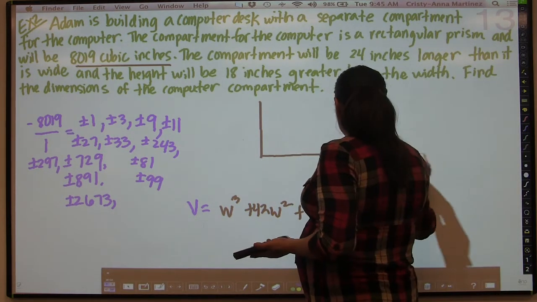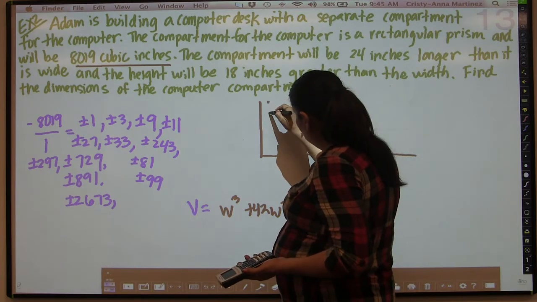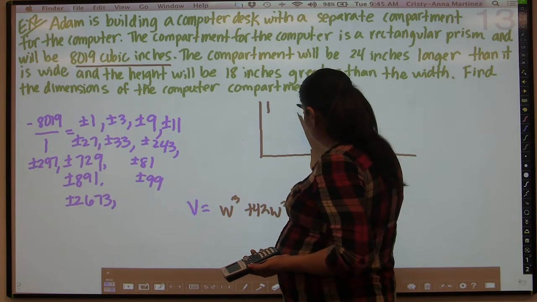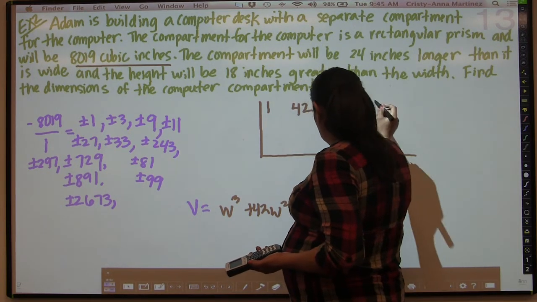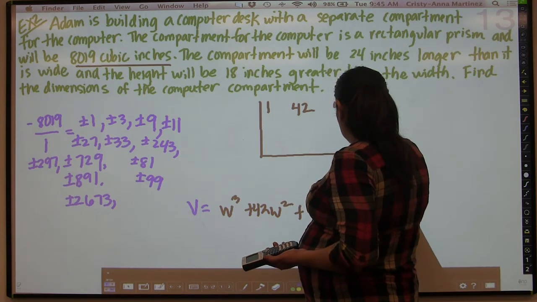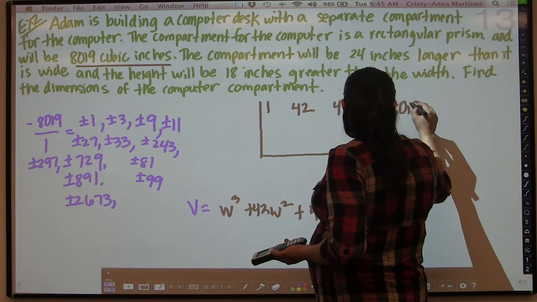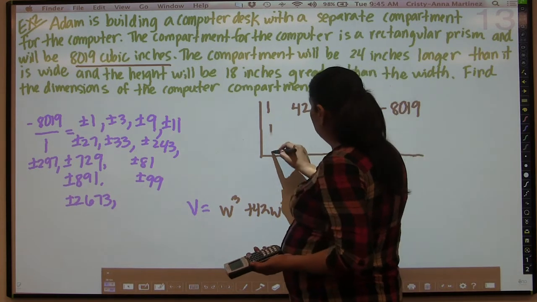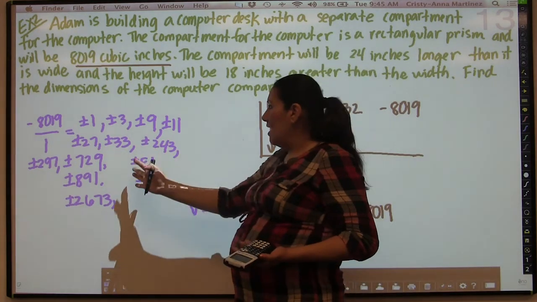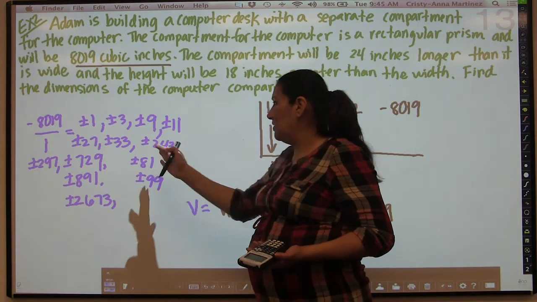But now we don't have to completely guess. 1, 42, 432, and negative 8019. Now we don't have to completely guess because we have a list and we know that any of these zeros are going to be in this list.